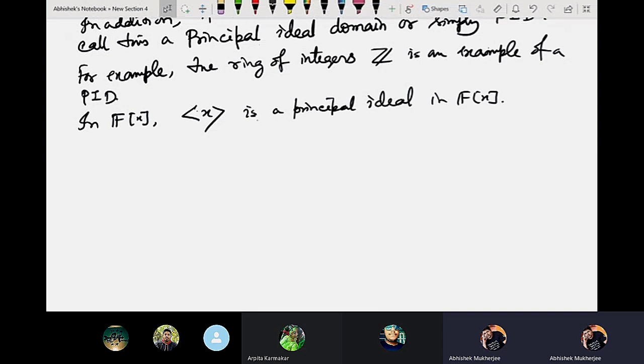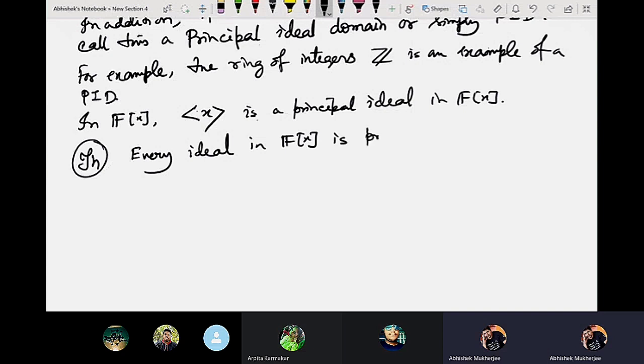But what is important is the following. We have to show that every ideal in F[x] is principal. Every ideal in F[x] is a principal ideal.